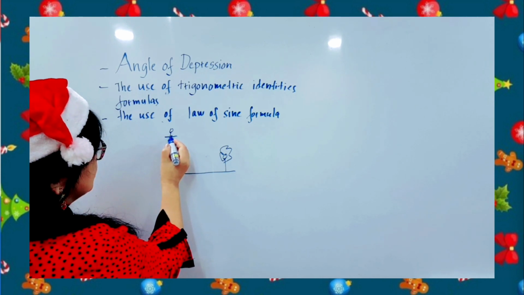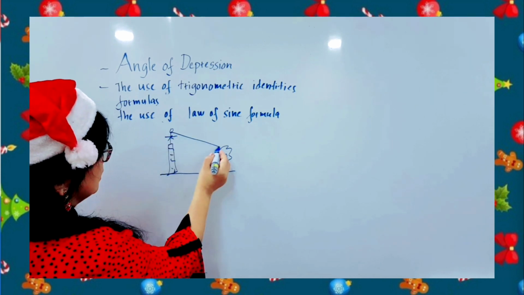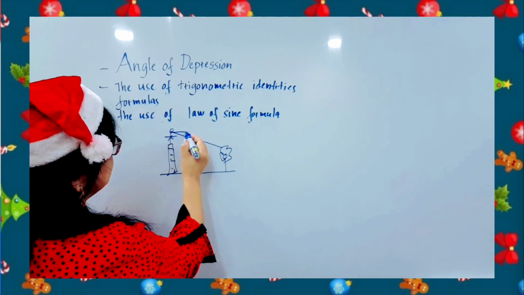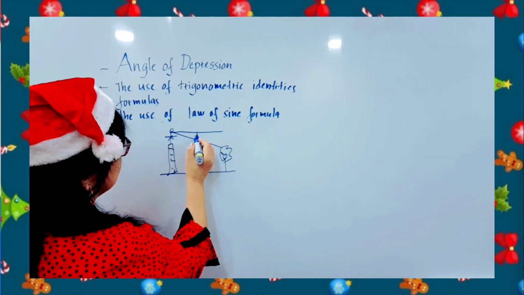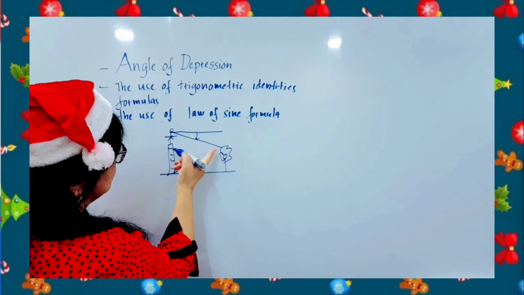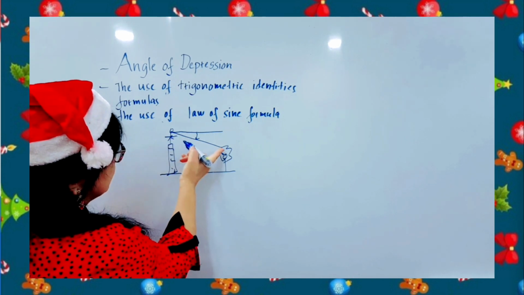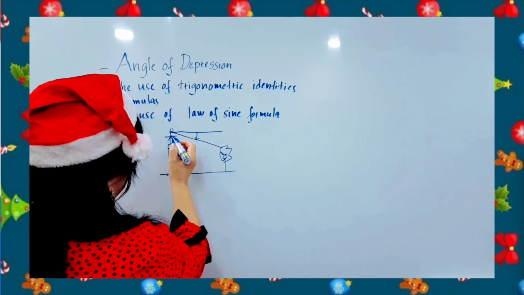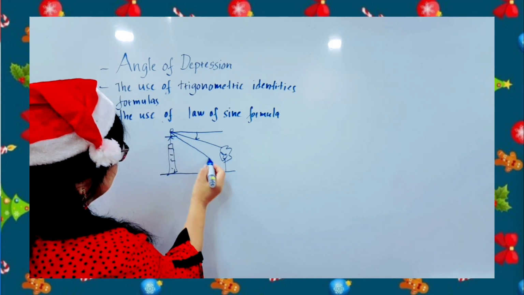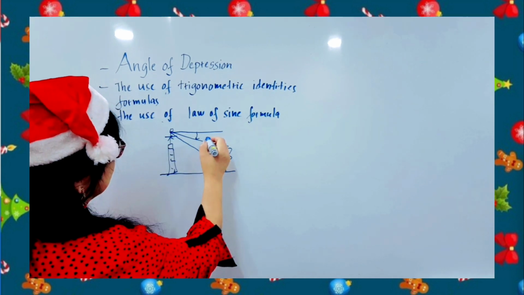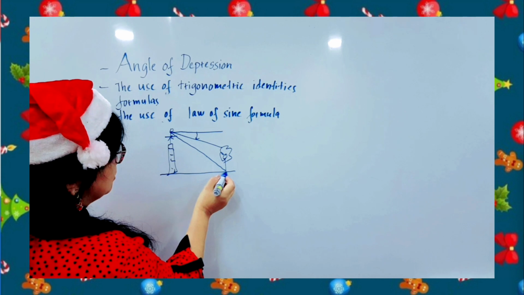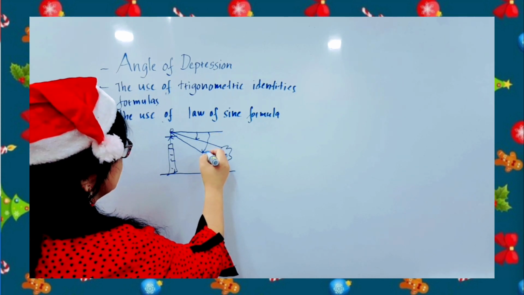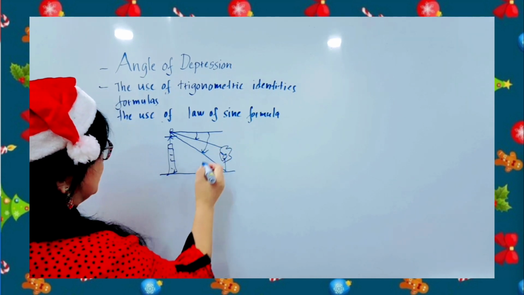That means he's seeing from the top of the building to the tree. The angle of depression is this one, from the horizontal going to this line where he's seeing the top of the tree or the base of the tree, wherever in the portion of the tree. For example, on the base of the tree, the angle of depression is this one, from the horizontal going to this side.